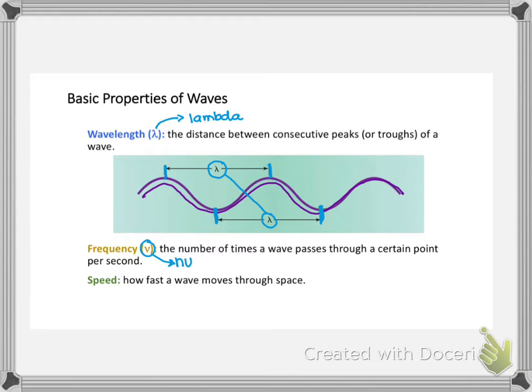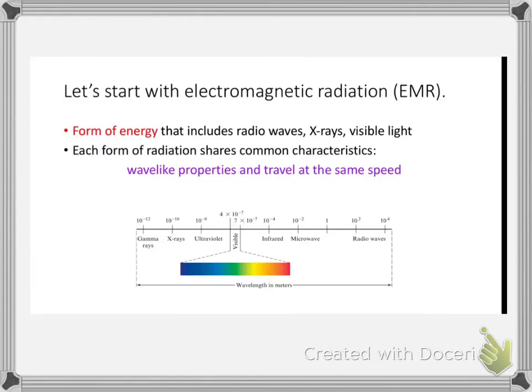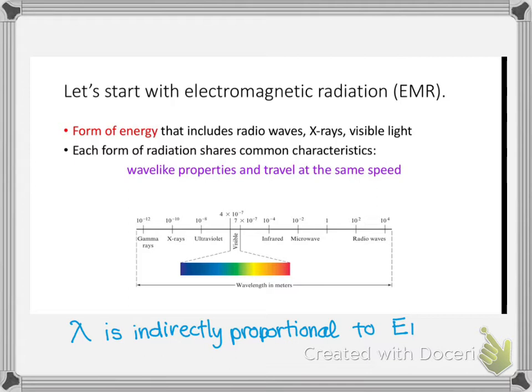And the wavelength is, I'm going to write down here, the wavelength is indirectly, I'm going to use some new words here, proportional to the energy. And usually when I write energy, I'll just use a capital E.